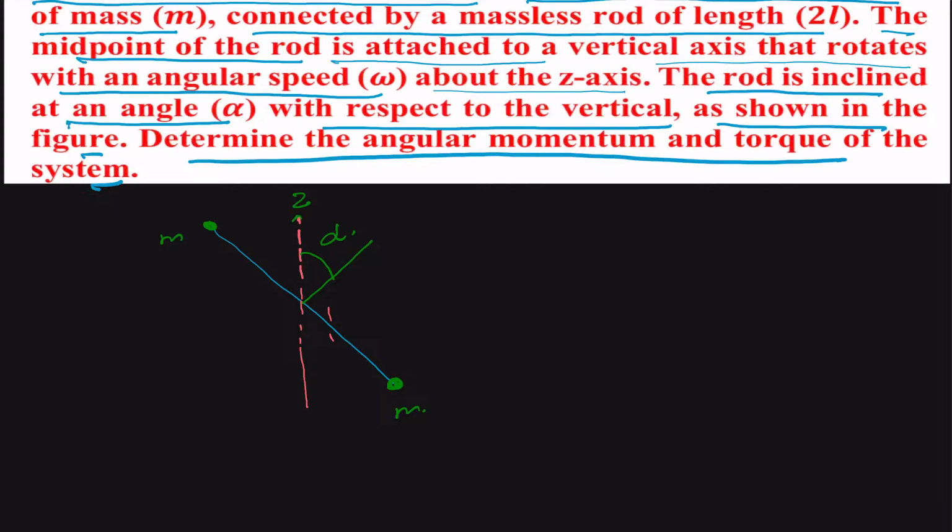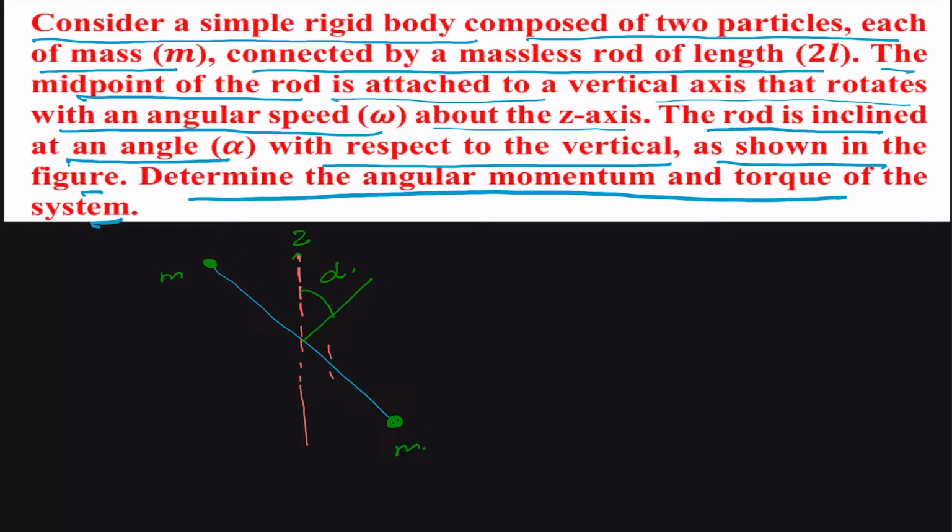We have to remember that the entire system is rotating about the z-axis with the angular speed of omega, and because of that both masses m are going to rotate in circular motion individually. So this is the basic question given to us.